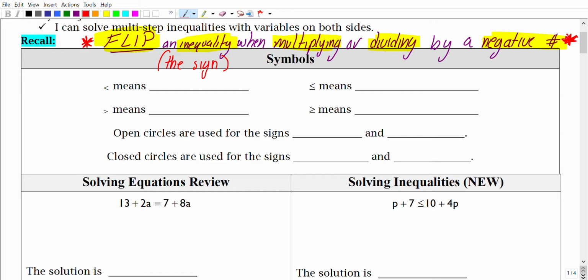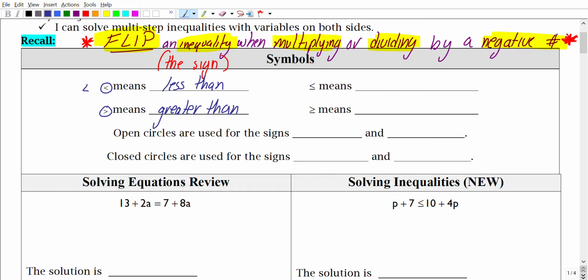Because I mentioned those few key terms, let's go back into identifying what the symbols are and what terms describe them. This symbol here means less than. If it helps you remember, this symbol looks more like an L, so we know it's the less than symbol. This one right here is our greater than symbol.